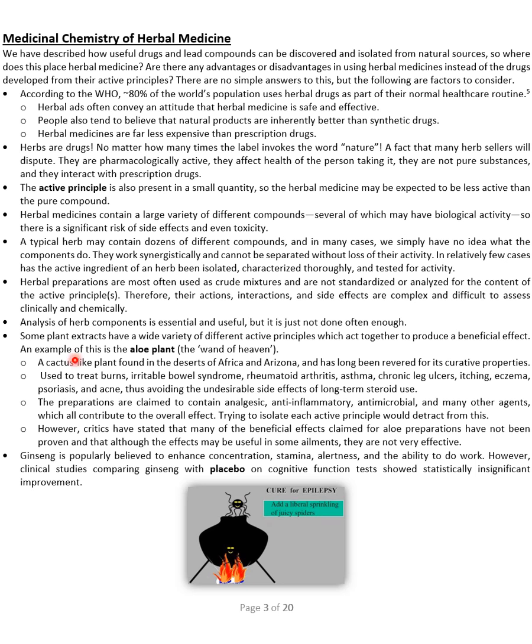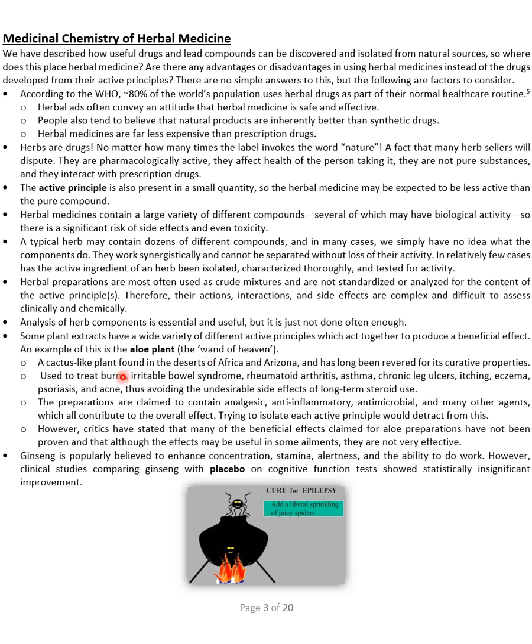Another factor to consider is that some plant extracts have a wide variety of different active principles that act together to produce the beneficial effects. In this case, we provide an example of the aloe plant, which is also referred to as the wand of heaven.